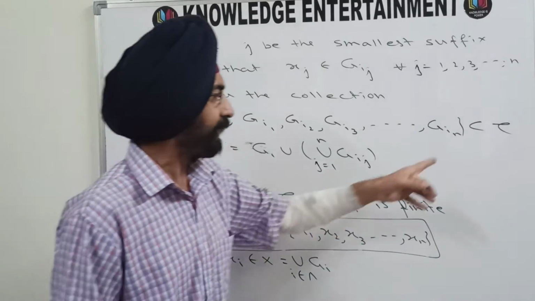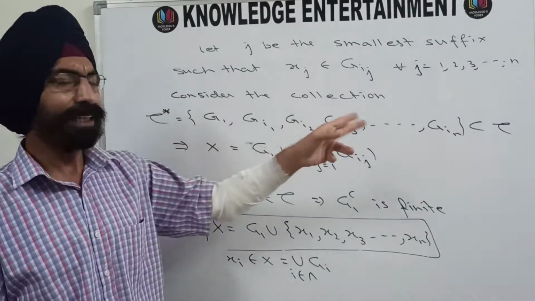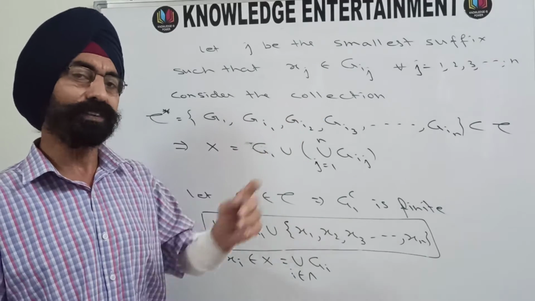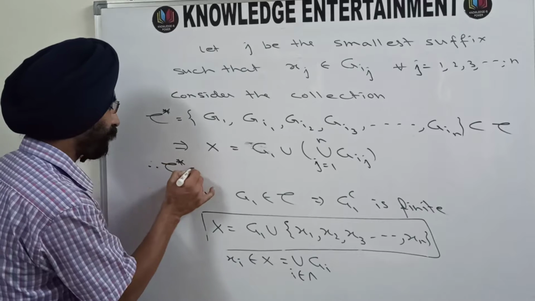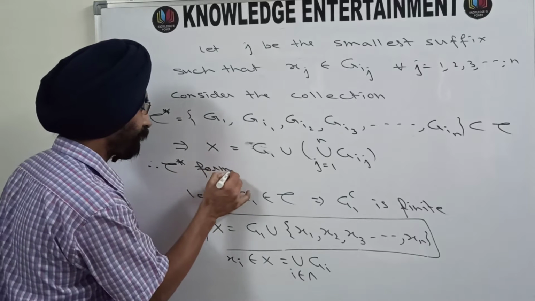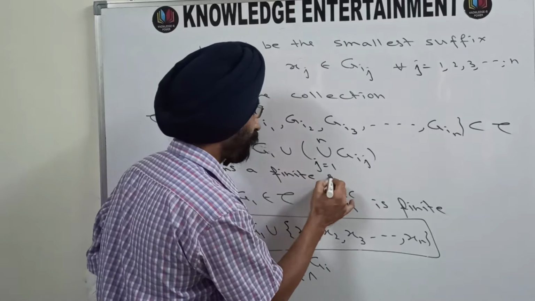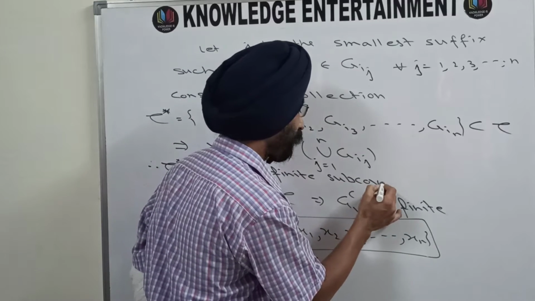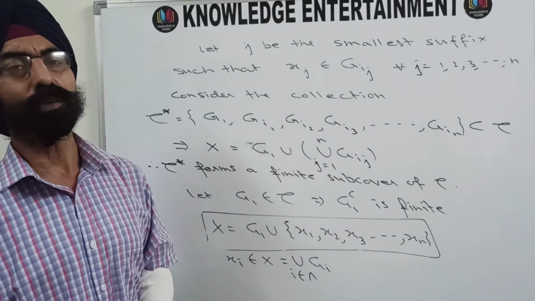And since it is a sub collection of C, you can say that C star is a finite subcover of C. So what have you proved?